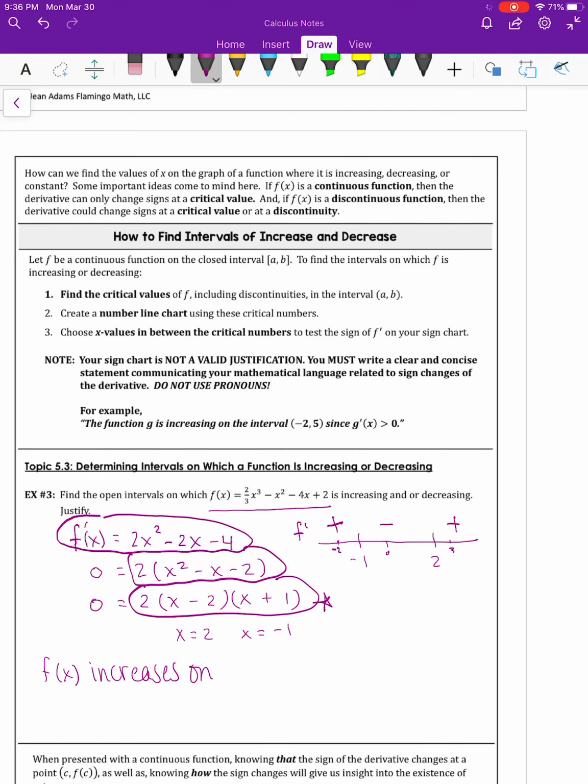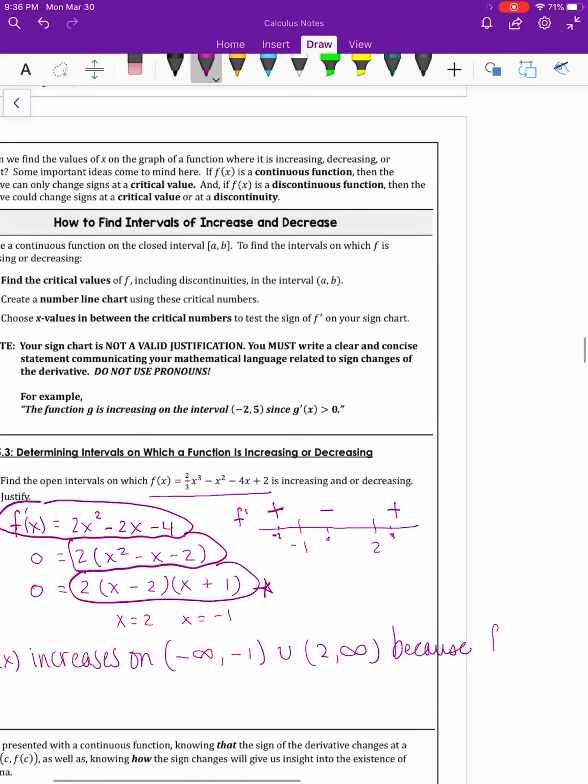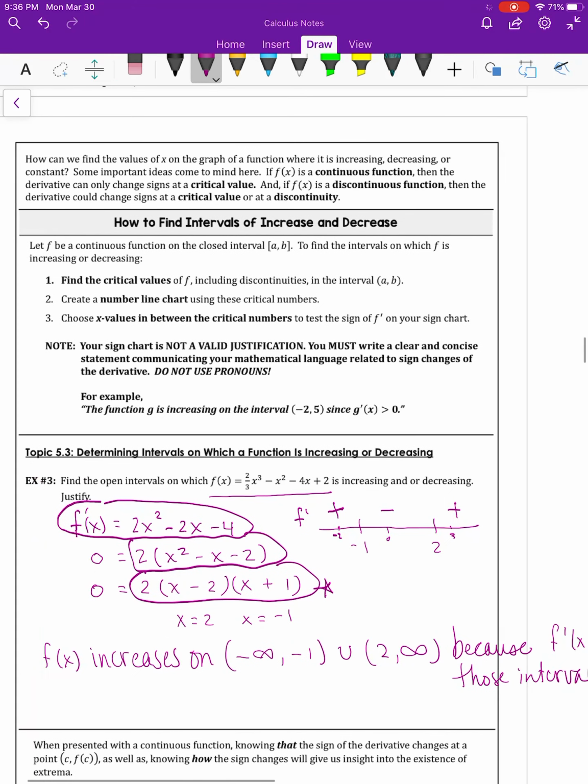So we're going to say f of x increases on (negative infinity, negative 1) union (2, infinity), because f prime of x is greater than 0 on those intervals.